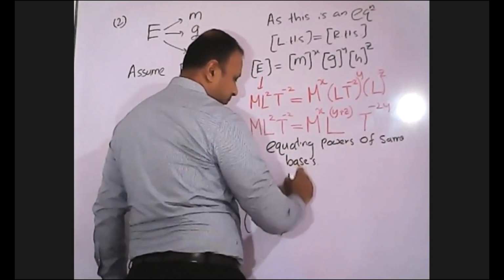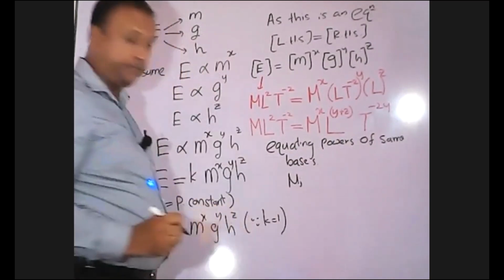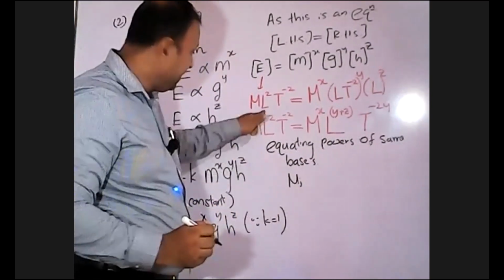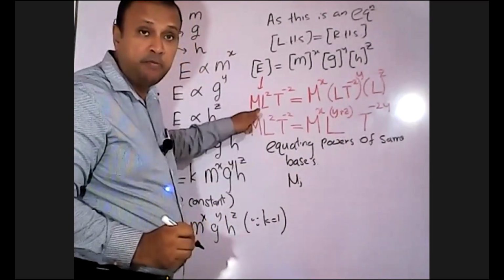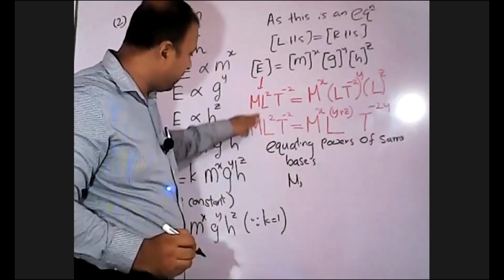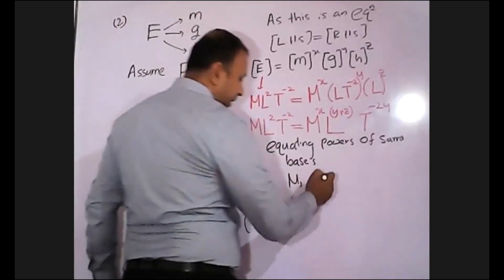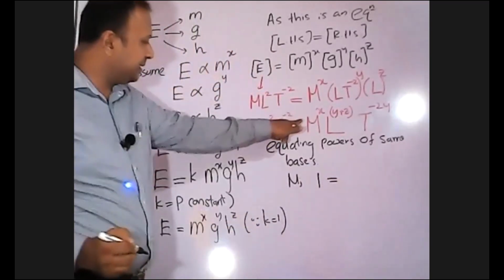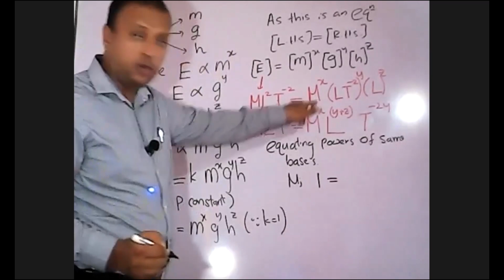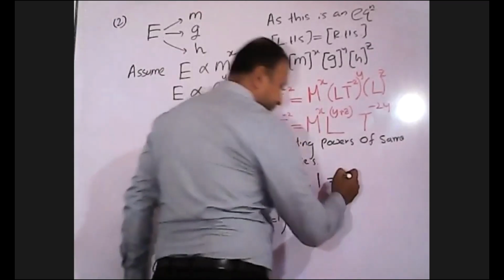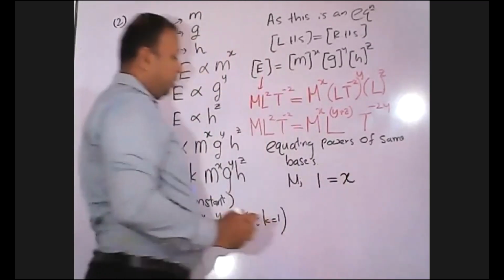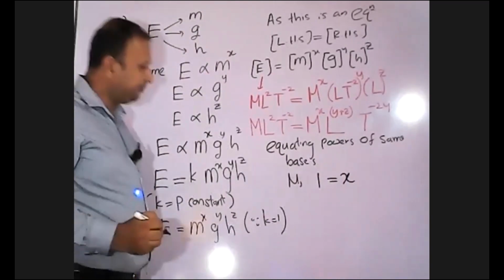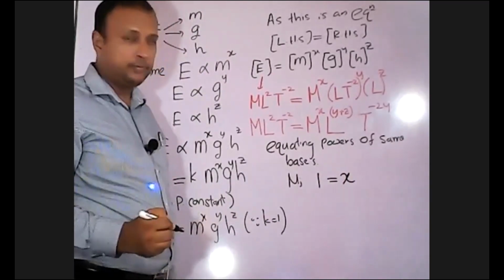M. If I take M here, LHS, what is the power of M? LHS power of M is equal to 1. RHS, in RHS, power of M is equal to X. So I can determine X here.